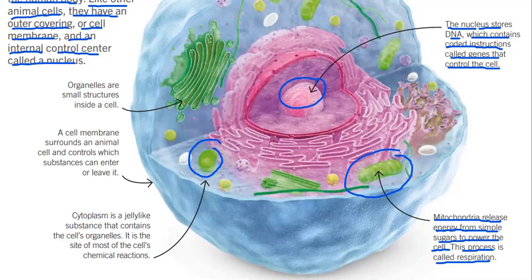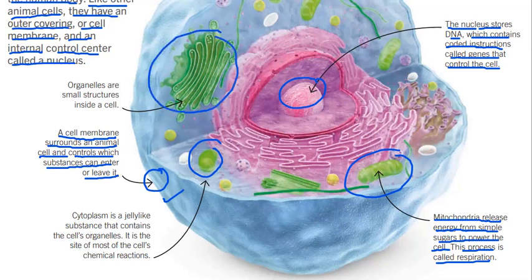And coming to this location, a cell membrane surrounds an animal cell and controls which substances can enter or leave it. And on this part, we call them organelles, or small structures inside a cell.